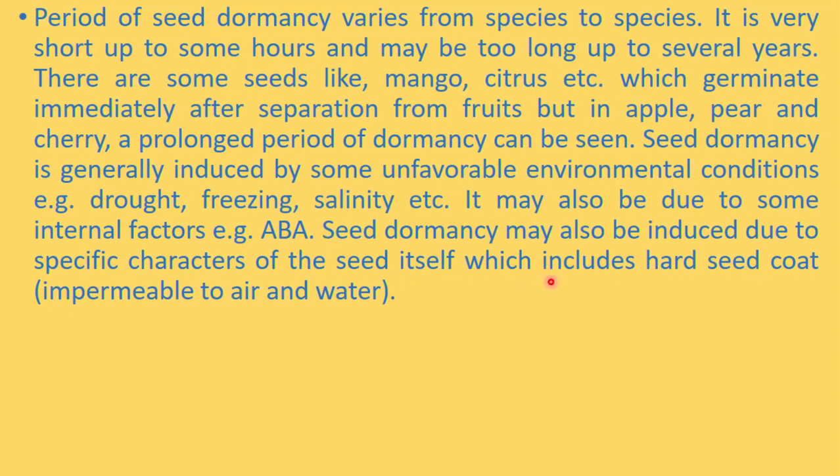Seed dormancy may also be induced by specific characters of the seed itself, which include a hard seed coat that is impermeable to air and water. In some plants the seed coat is very hard and is not able to absorb air and water.